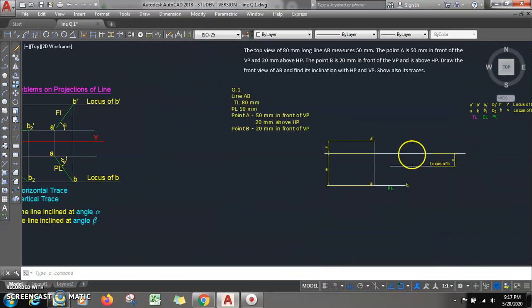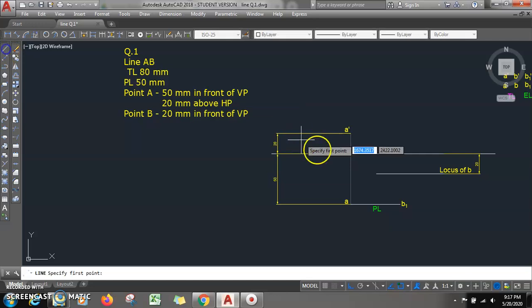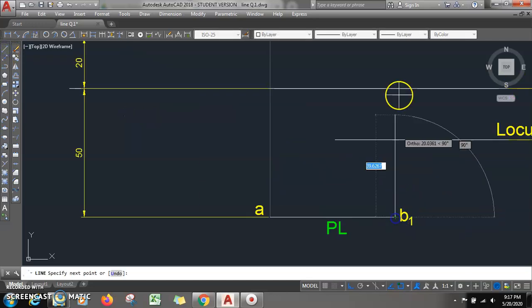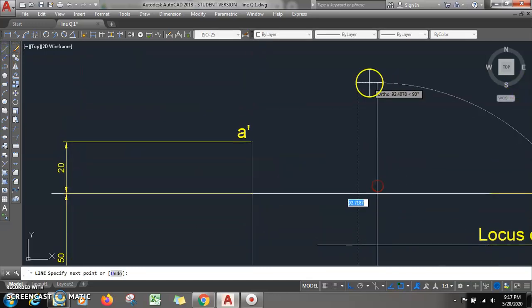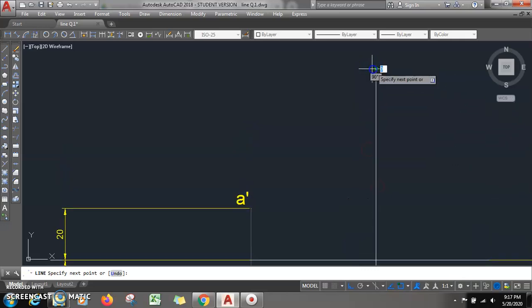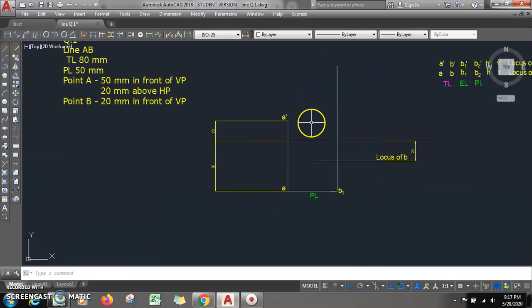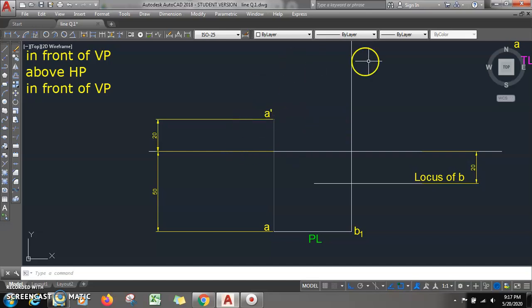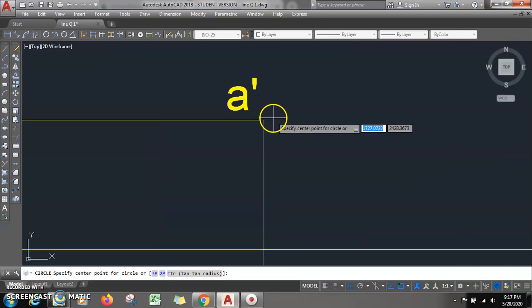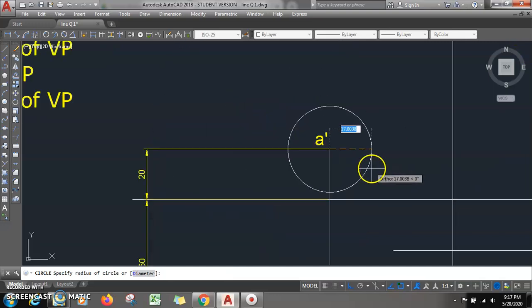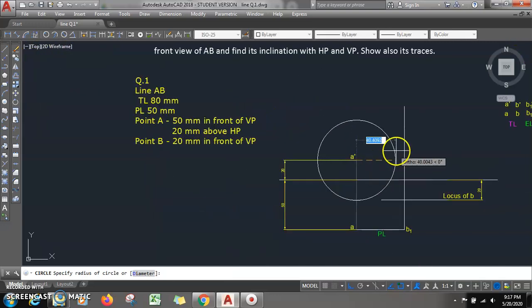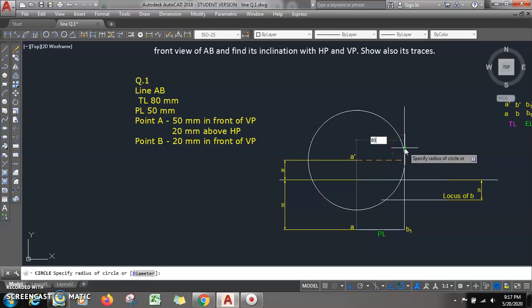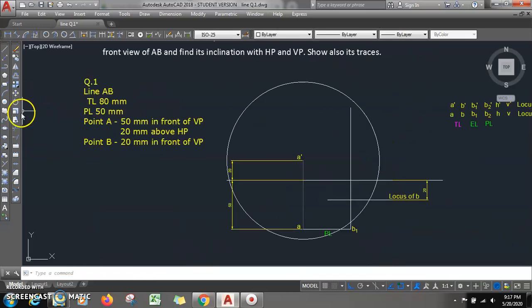From B1 I will draw a vertical line. Then from A dash, taking A dash as center, draw a circle with radius equal to true length, which is 80. So I can extend this line up to the circle.